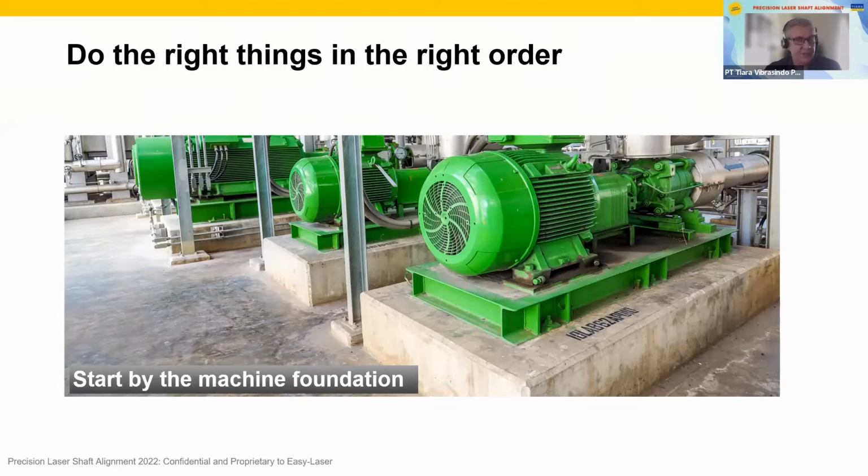Of course, you can try to align machines and correct the installation, but it is very difficult to compensate for mistakes or wrong installation that have been made in the first place. So that's what we say: do the right things in the right order.